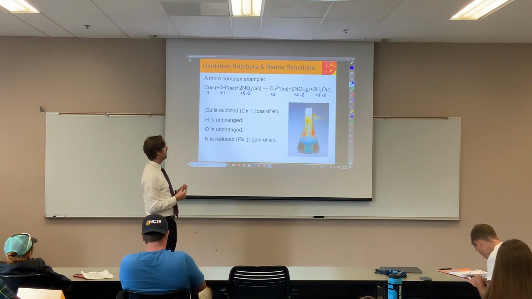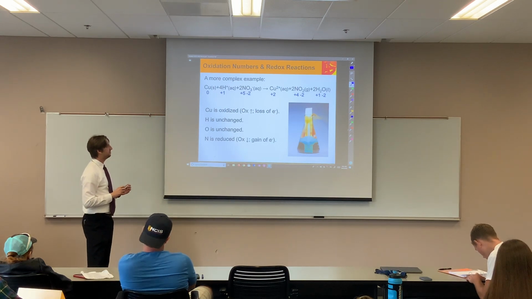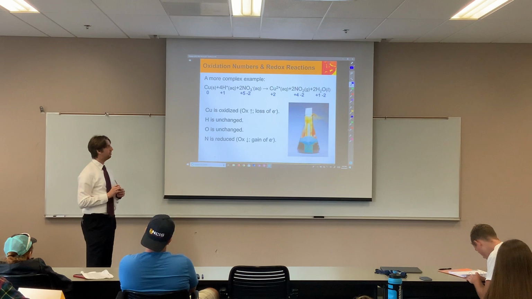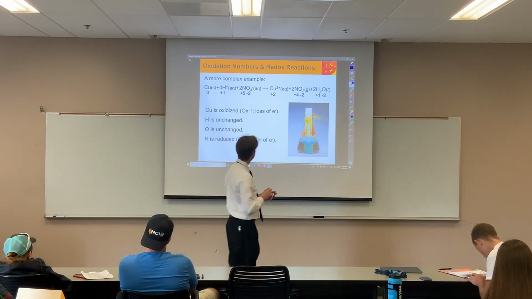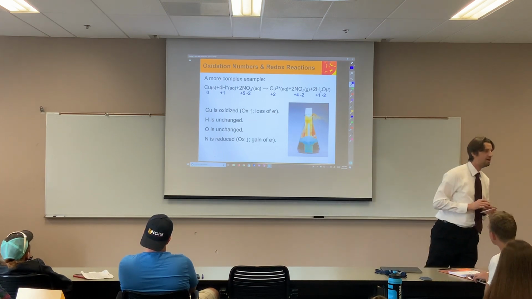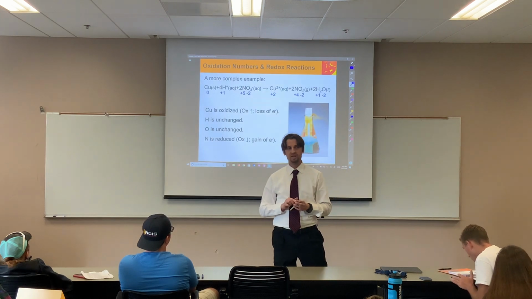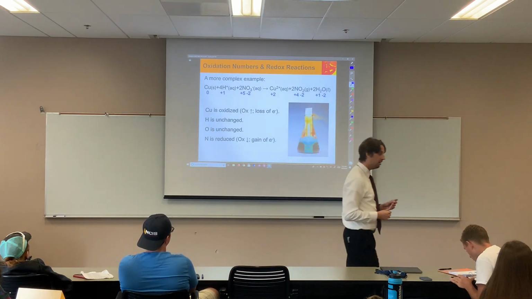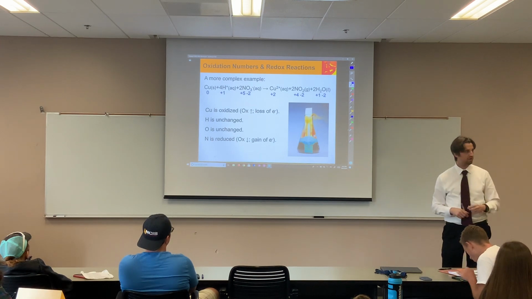It went to the others. What others specifically? Copper had to lose 2 electrons. Where did they end up? To the nitrogen. Nitrogen started out at +5, it went to +4. Each nitrogen gained an electron. How many nitrogens are in our balanced equation? 2. You guys with me on this?